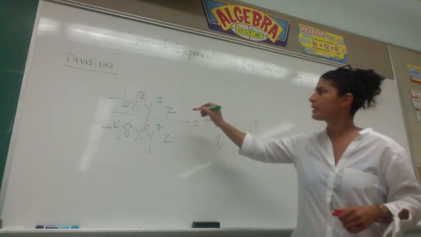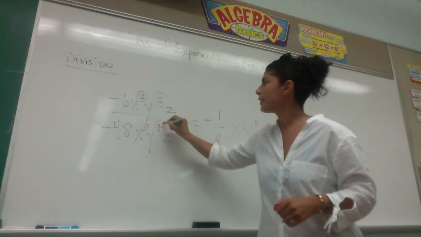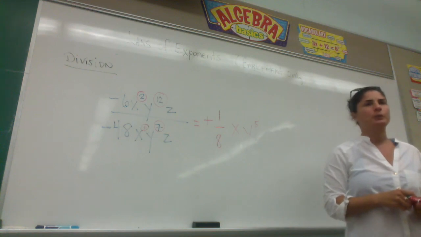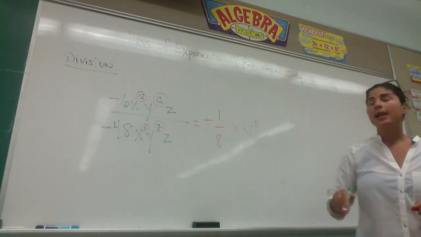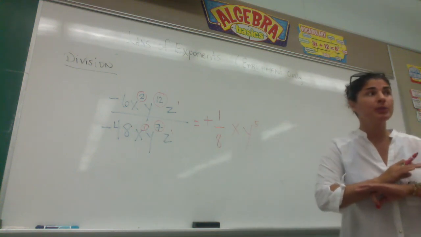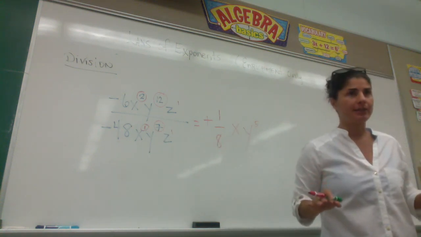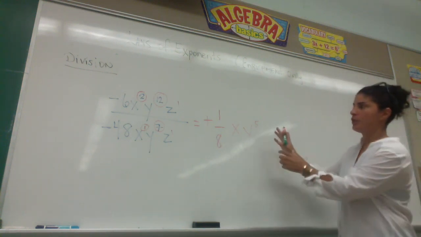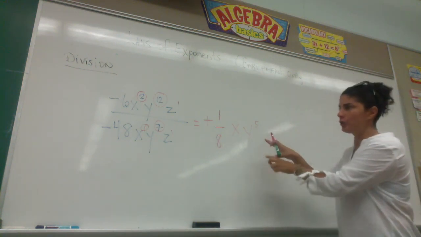Good. What did we do? We subtracted 12 minus 7. And do we have any z's? No. 1 minus 1 is 0, so you cannot put 0 z. You just do not put the z. This would be your final answer to this question.